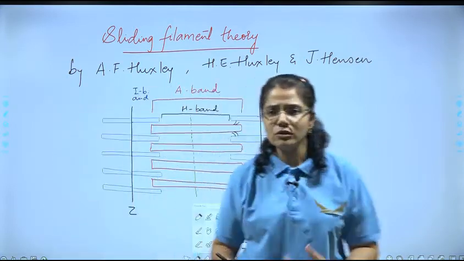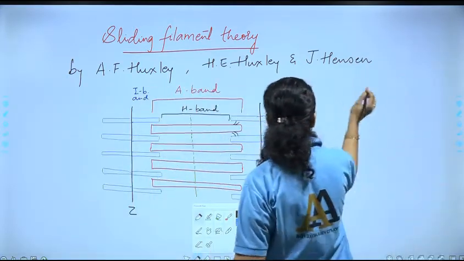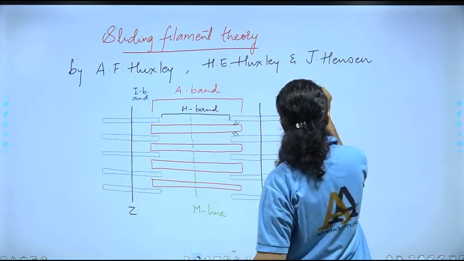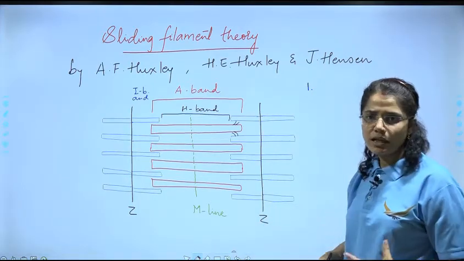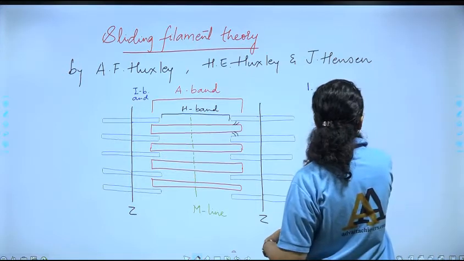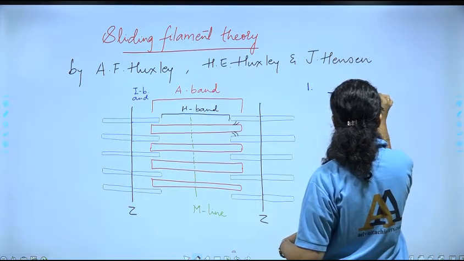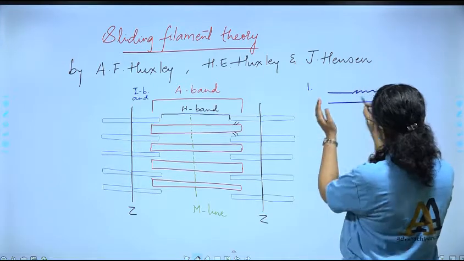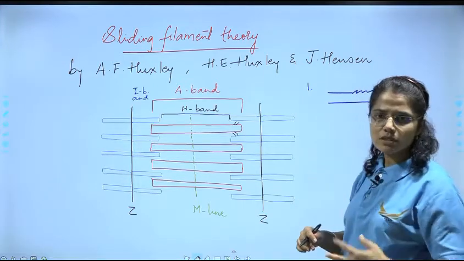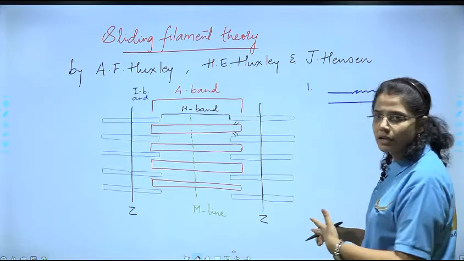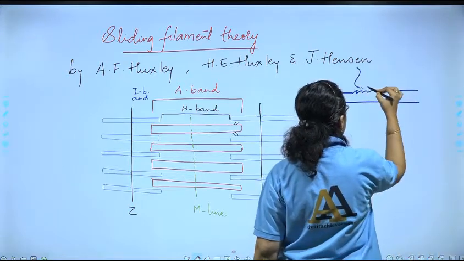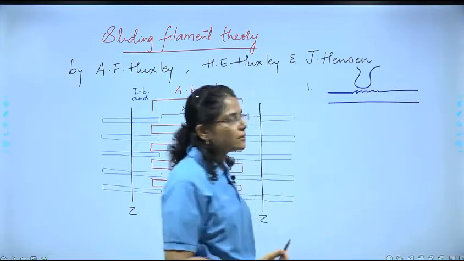Let us say, here I am writing down, in the first step, say this is the sarcolemma, and the margin of the sarcolemma is a bit irregular, and there comes an axon end bulb.